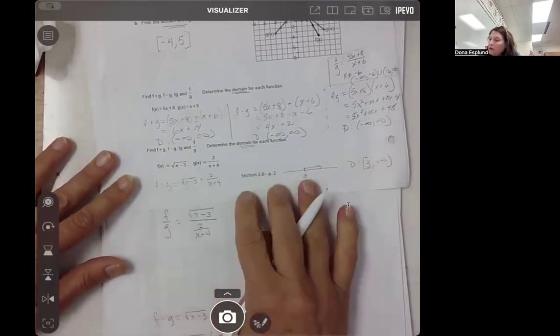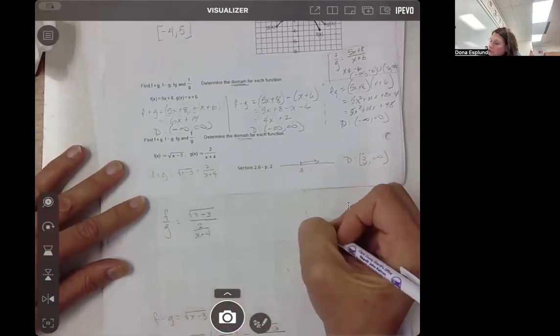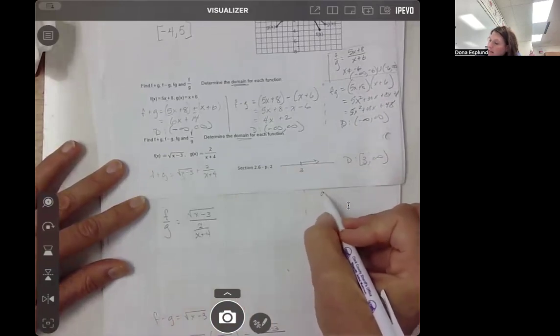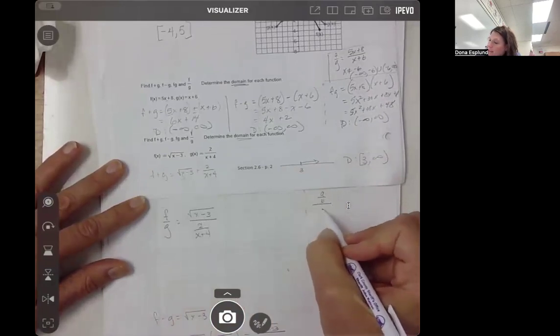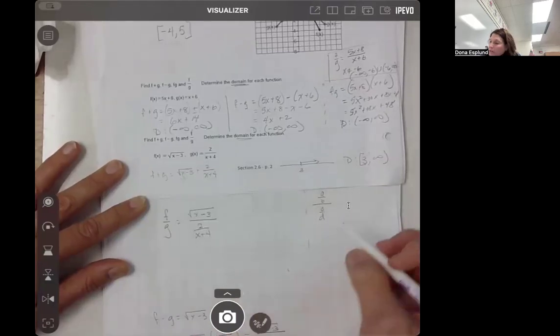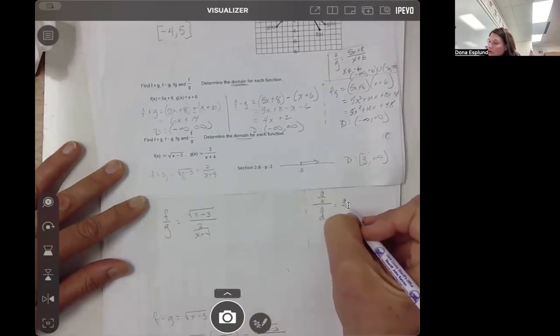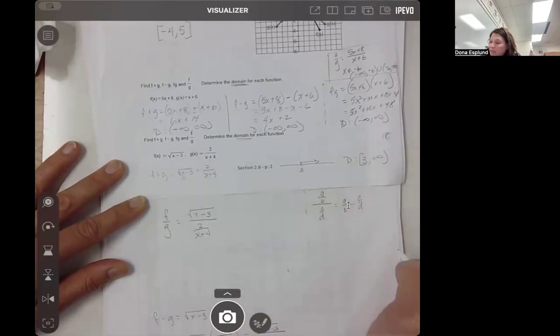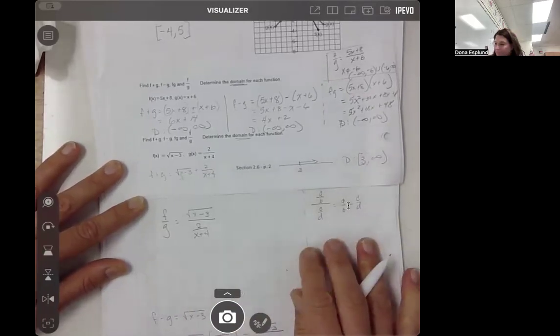When you do the complex fraction, I'm going to show you real quick. Let's say that I have a over b divided by c over d. This really means a over b divided by c over d. When you're dividing fractions, what do you do?